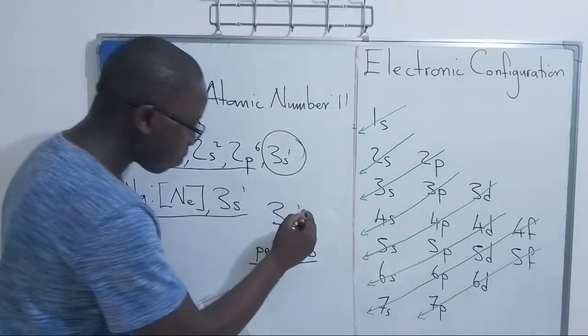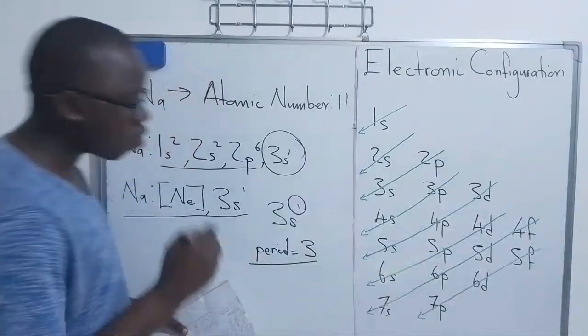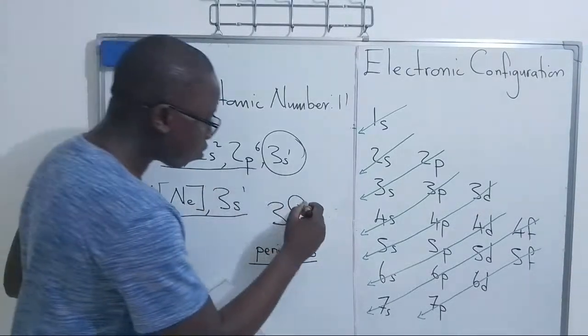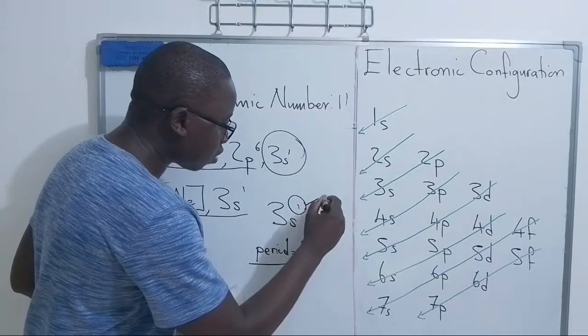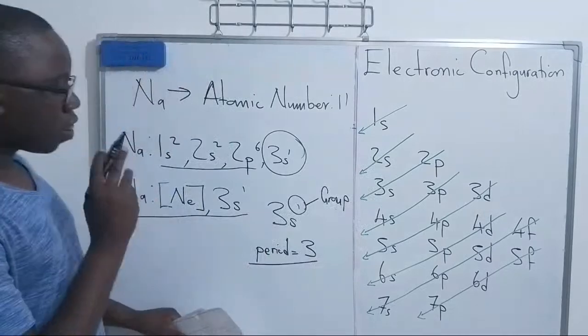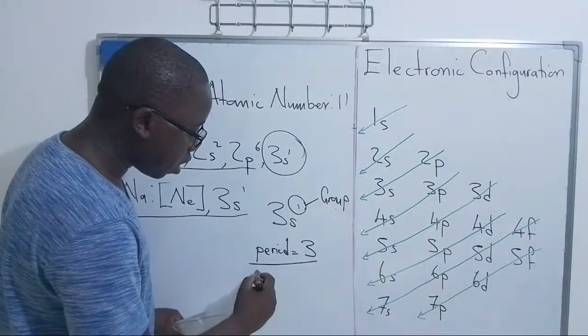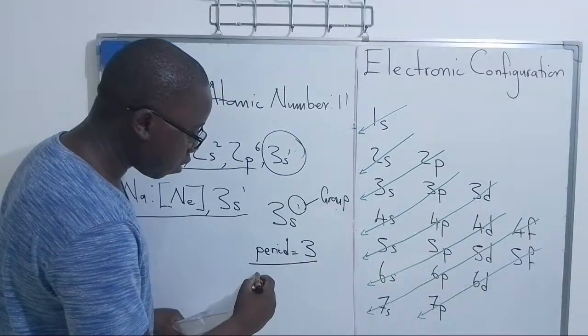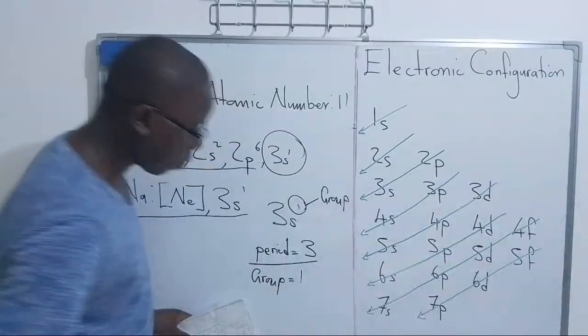Then this number, which is the number of electrons in the outermost shell, gives us the group. So sodium should be in group 1.